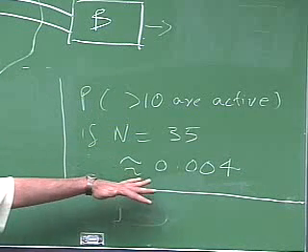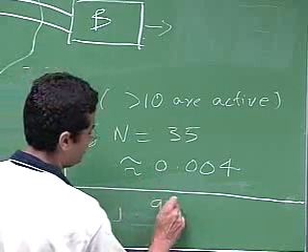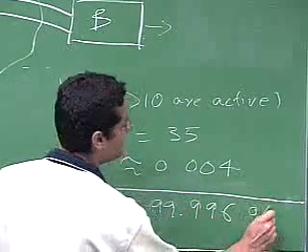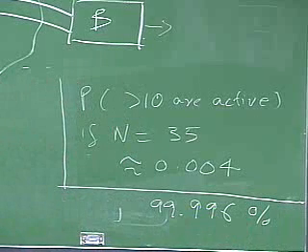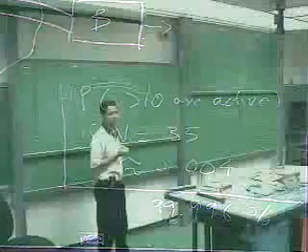So what does this imply? That implies that 99.996% of the time, 10 or fewer users are active.